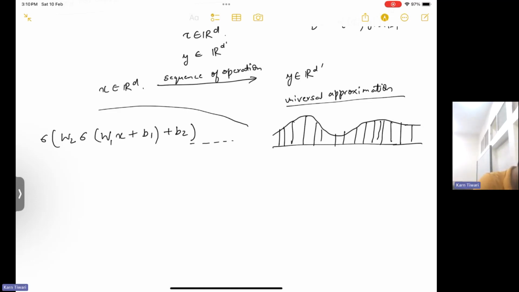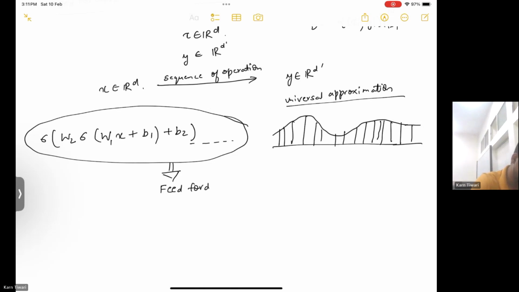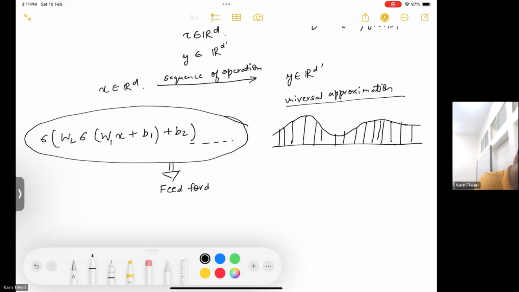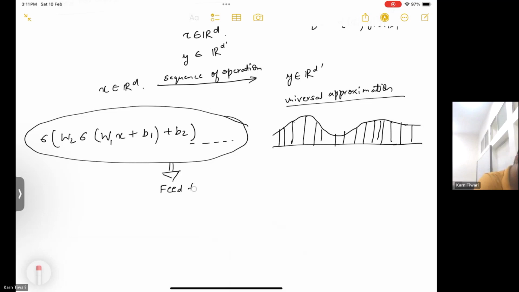This whole sequence representation is what is known as a feedforward neural network.